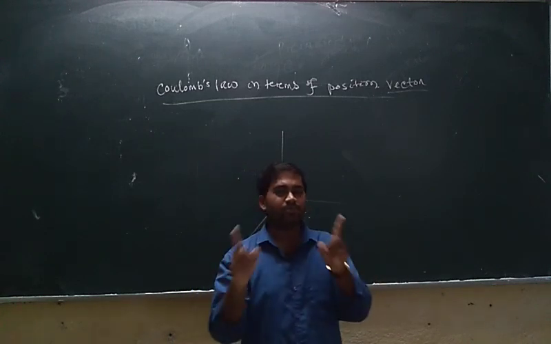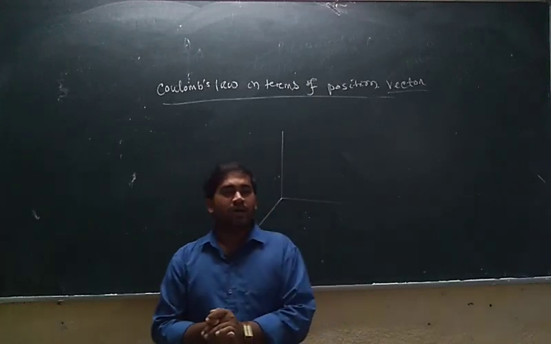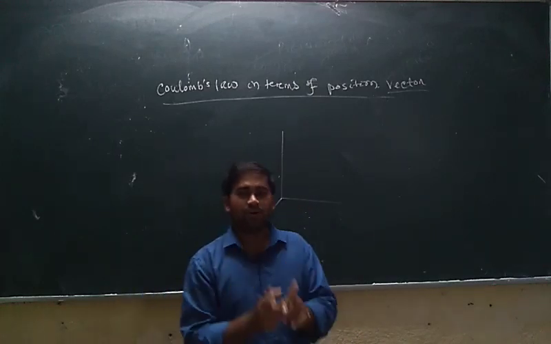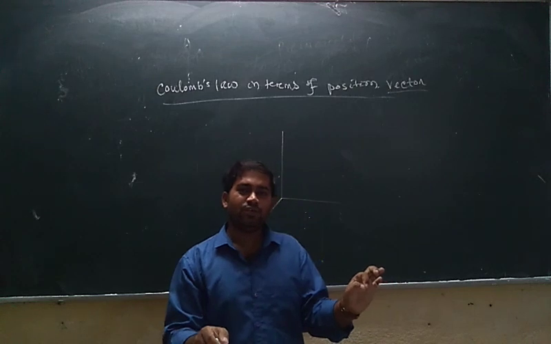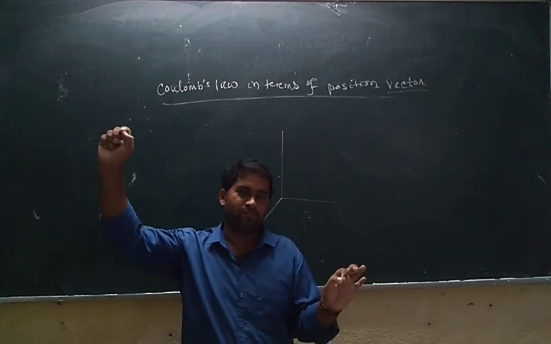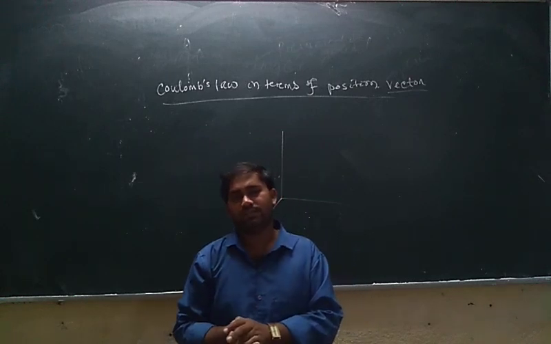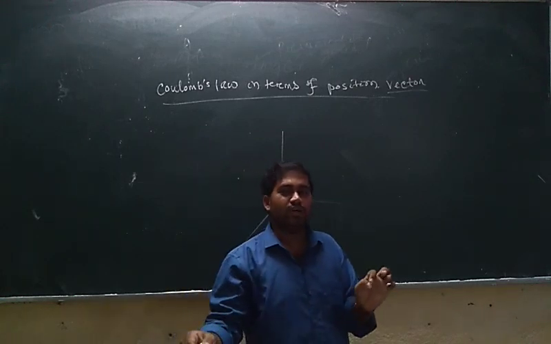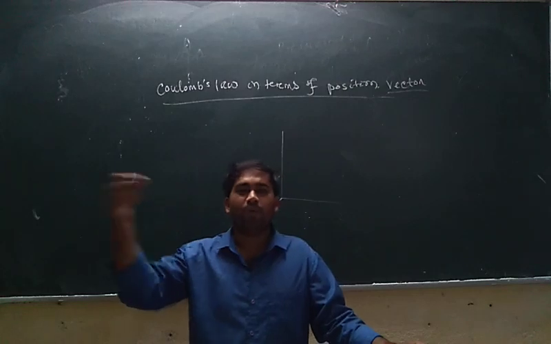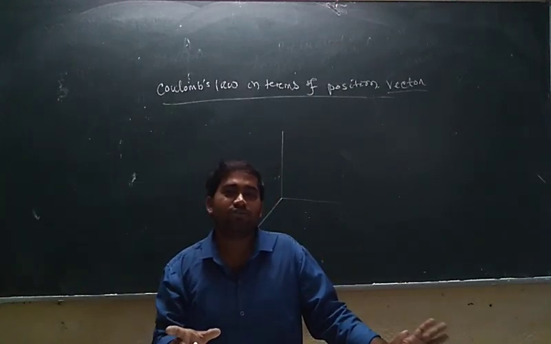That means a position vector is a line which joins the origin to any point in space. In two dimensions, a line that joins the origin and the point placed in that plane is called a position vector.